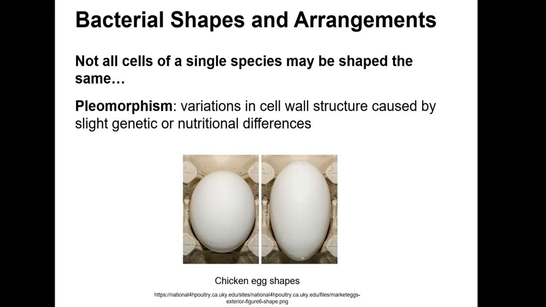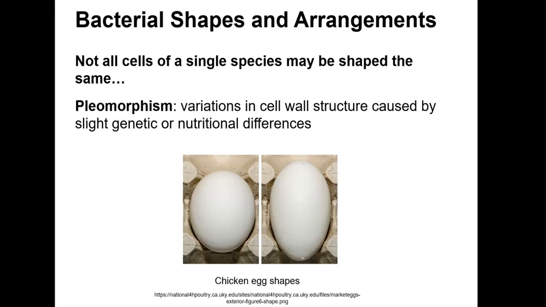In other words, all these conditions can affect the shape and the arrangement of the bacteria. So bacteria, therefore, can take different forms. And this is what we call pleomorphic or pleomorphism.